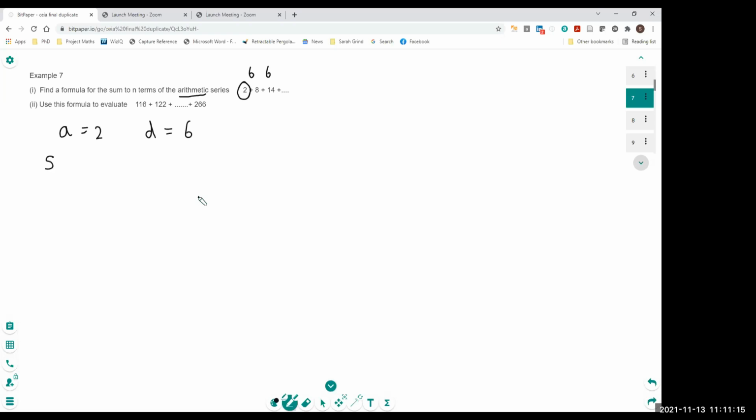The formula for S of n is equal to n over 2 times 2a plus n minus 1 d, which is equal to n over 2 times 4 plus n minus 1 times 6. Oh, wait a minute.